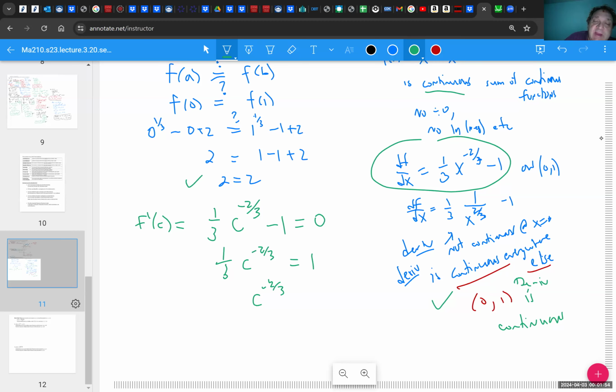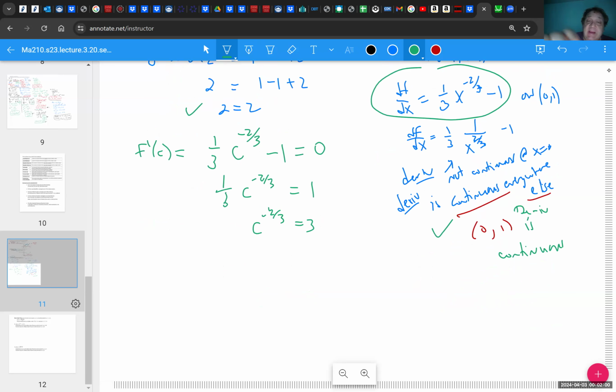Just moving things over, adding 1, multiplying by 3. And then I'm going to raise everything to the negative 3/2 power. So I'll take this thing, raise it to the negative 3/2 on both sides, of course. And then what we have here on the left-hand side is two exponents. We have the c to the negative 2/3 and c to the negative 3/2.